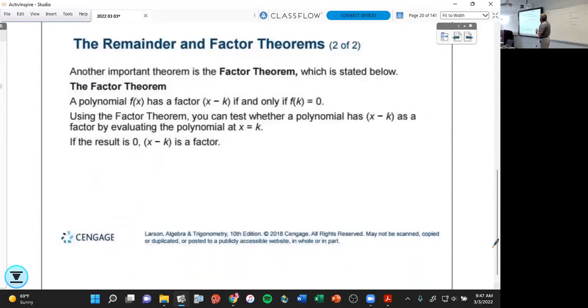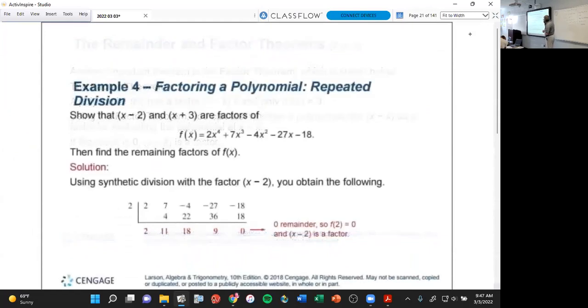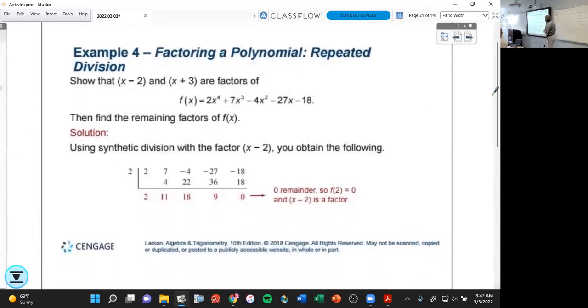Another important theorem is the factor theorem. The factor theorem tells us that when the remainder is 0, it's a factor. Factor theorem says if the remainder is 0, then you now have a factor of the polynomial. It says to show that x minus 2 and x plus 3 are factors of this quartic.